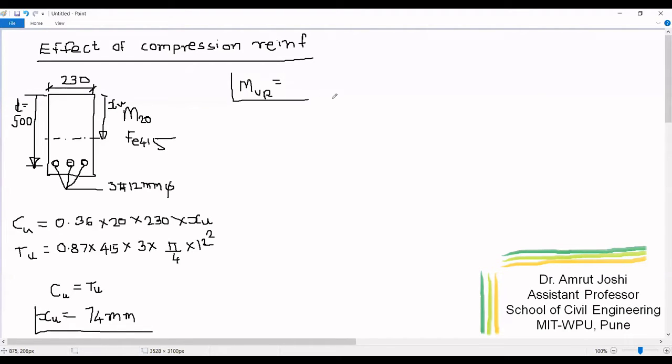This we have already calculated and it is equal to 57.46 kilonewton meter. The explanation of this value, its calculation, everything is explained in this video. So MUR for this section is 57.46 kilonewton meter.